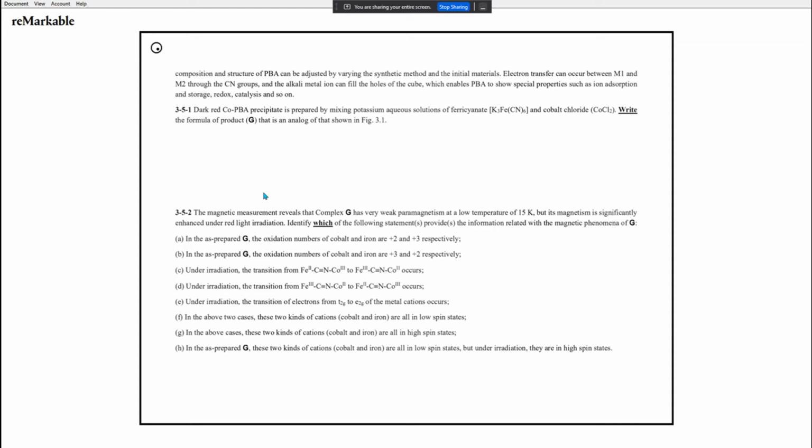And now we are going to point 3.5.1, and that's about dark red cobalt PBA precipitate prepared by mixing an aqueous solution of potassium ferrocyanide with cobalt chloride. That's a bit of a tricky question, because if you just put them together, you're putting cobalt 2 plus, I think I have red now, which is good, and you're putting Fe(CN)6, which we can calculate as 3 minus.